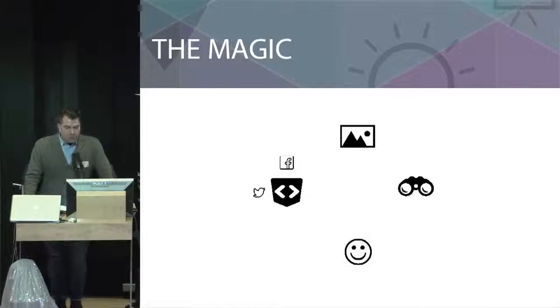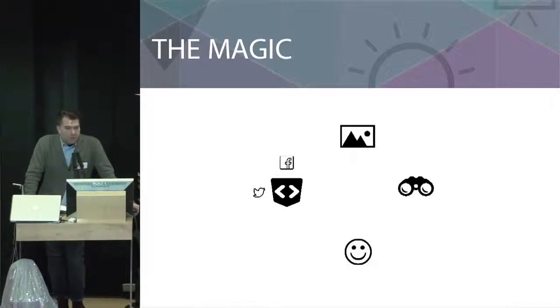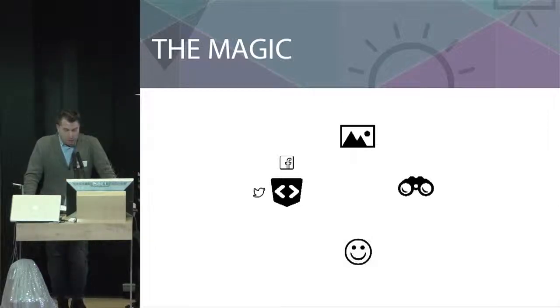So how is it done? Okay, so the magic is we take your image, or the set of images, the large data set, and we search the web for uses of this image. Then we use techniques like natural language processing to process the body of the web page where it was found, to work out the concepts that are being discussed around your image, the taxonomy, the keywords, maybe some other information like the author, and maybe some social information as well, which we can then use to identify whether these images were retweeted by that person maybe.